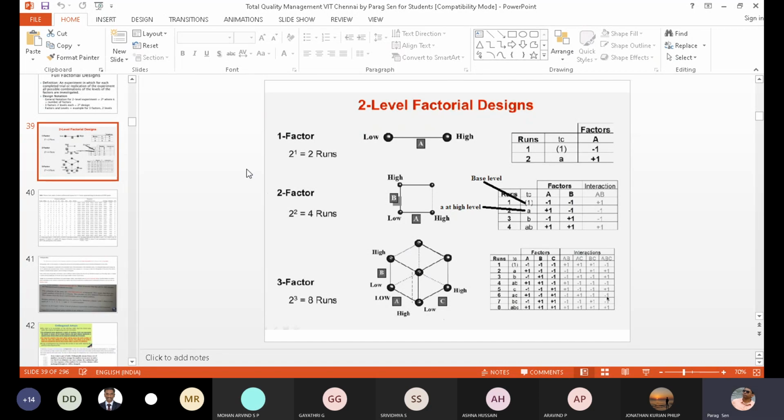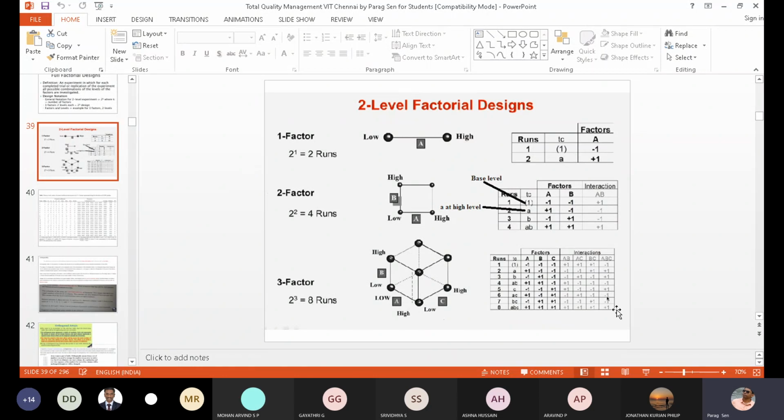When you see the design matrix, you will be setting the values for your particular experiment only for the main parameters.